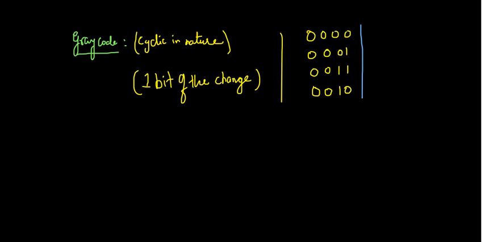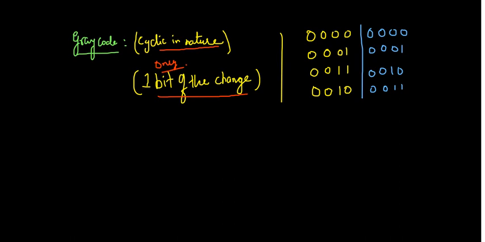In the binary form, when we needed to write, what do we actually write? 0 0 0 0, 0 0 0 1, 0 0 1 0 and 0 0 1 1. Now on comparison you can see that we need to maintain two things, cyclic nature and only one bit of change in every next term.